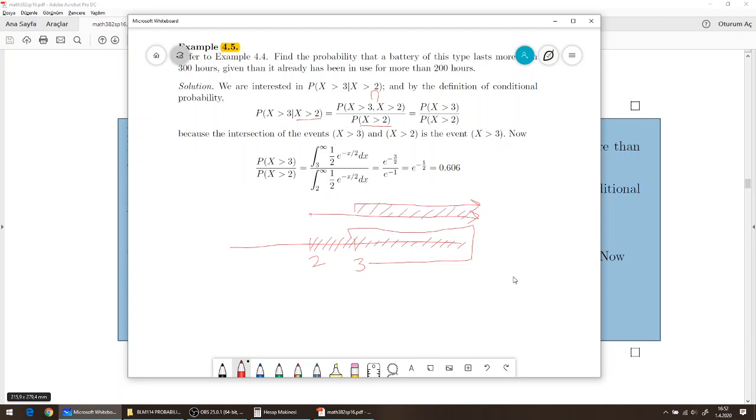Their intersection is greater than 3, as you see here. So P greater than 3 over P greater than 2. So we integrate the same expression from 3 to infinity, from 2 to infinity, and these are the corresponding outputs, and the result is 0.606 as you see.